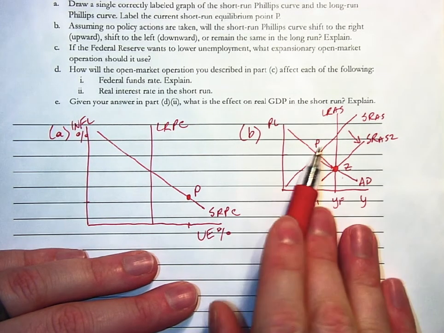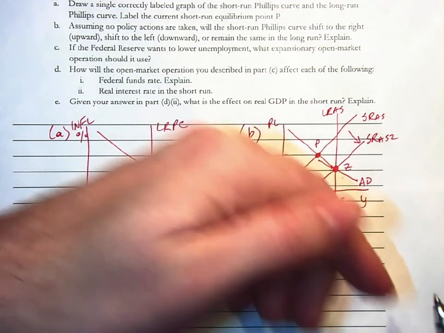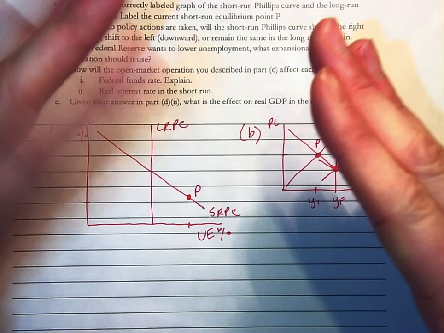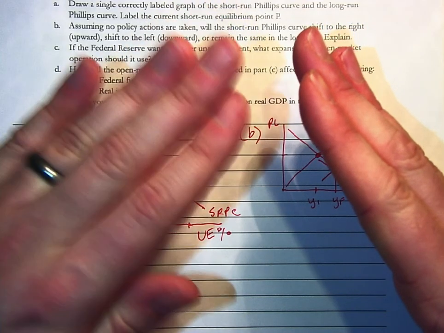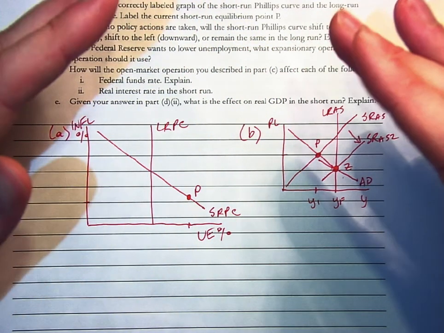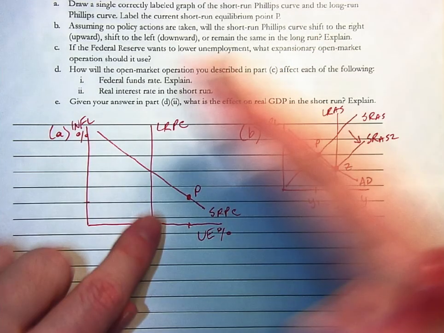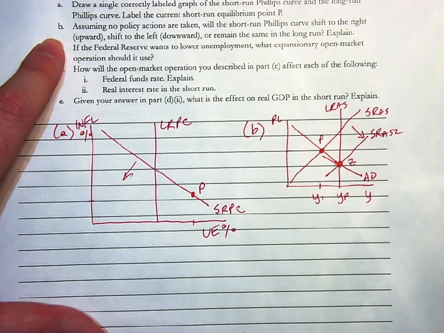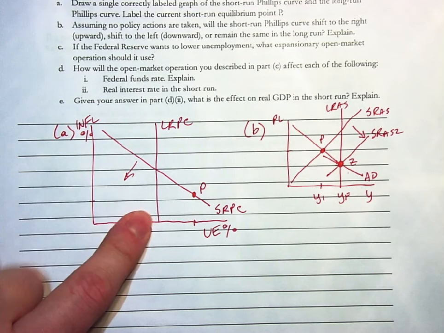Now, if the SRAS is shifting to the right, we know that if SRAS is on my left hand and it's shifting to the right, then that means that SRPC has to be shifting in. Now it doesn't ask us to graph that, but that's what's going to happen.